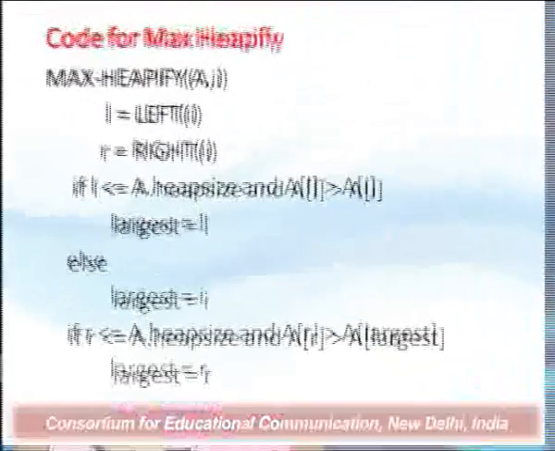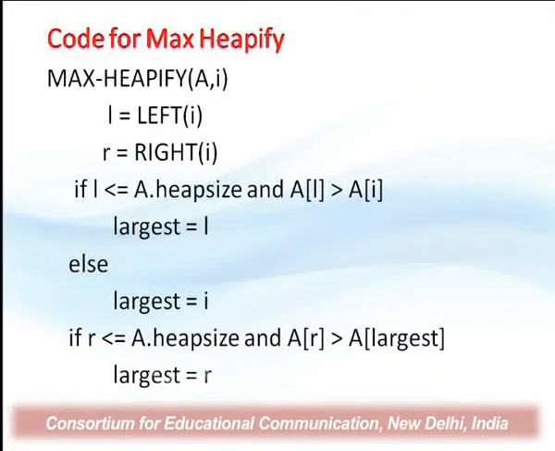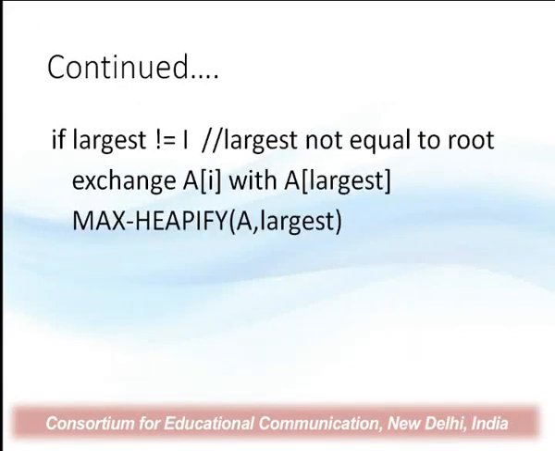As you can see on the screen, first we have taken the left index of the node I, right index of the node I, then we have compared all the three elements of the subtree under consideration, that is the root node, left child and the right child, and we have taken the largest among them.